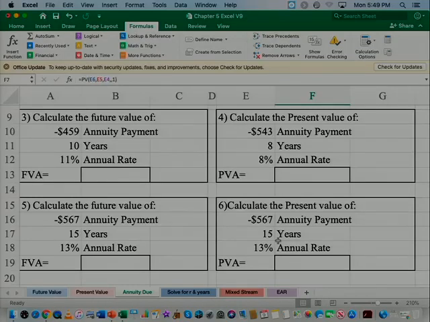It's the easiest way of calculating time value of money problems, using the Excel formulas and functions. It's a lot faster than the financial calculator, by hand or by regular calculator, or even by just a plain spreadsheet trying to do the formulas. So this is the most foolproof way.